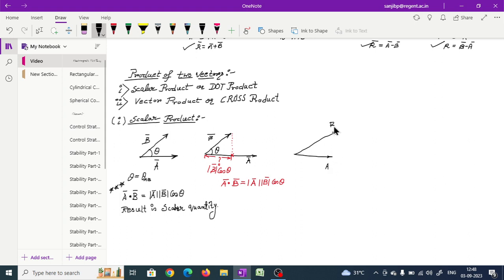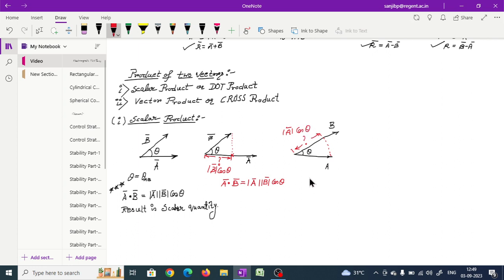And here the angle is theta as before, and I draw a perpendicular from A onto the B vector, and here we will get the projection of A along the B direction. And what will be the expression? The expression of that is mod of A cos theta.